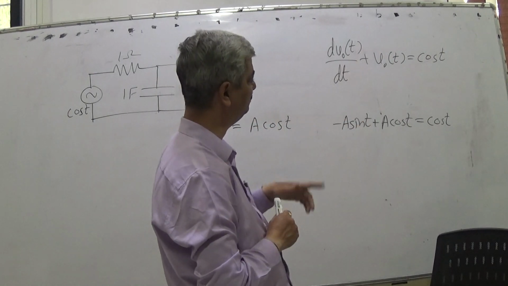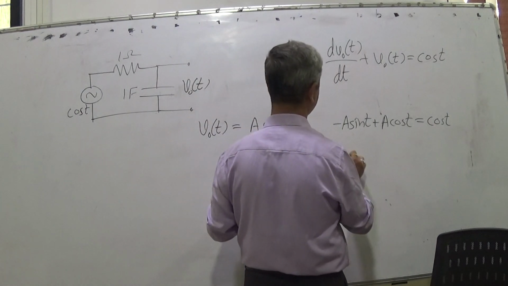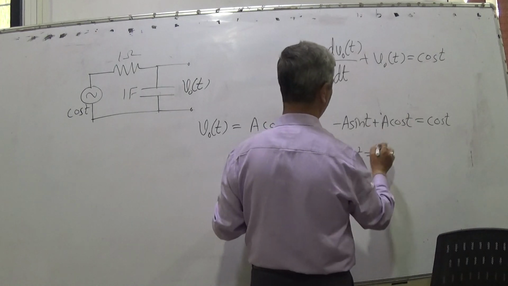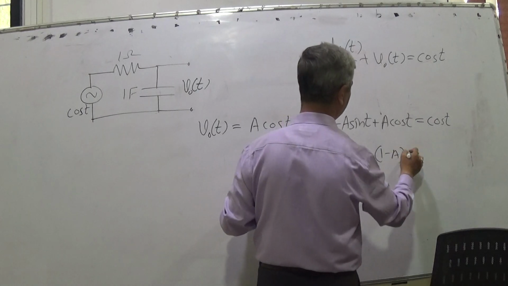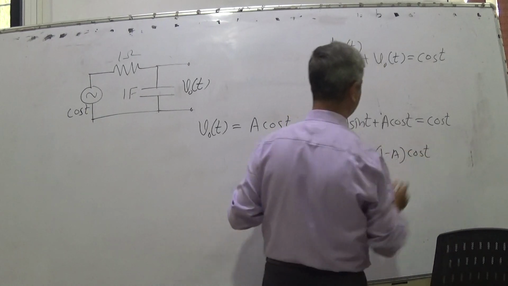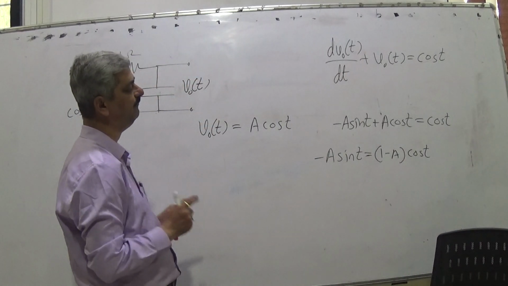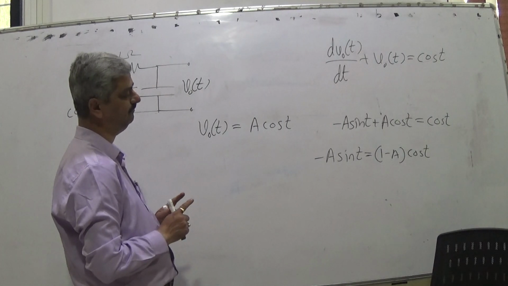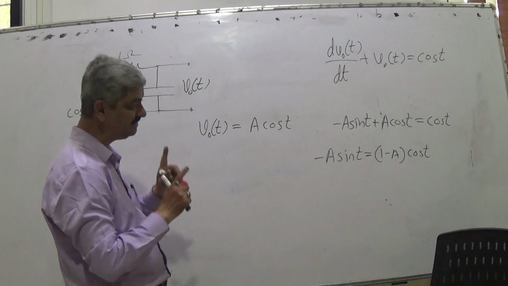A is 1, so minus a sin t is equal to, this goes on the other side, 1 minus a cos t. Will it be possible for any value of a? It will not be possible, for a very simple reason.